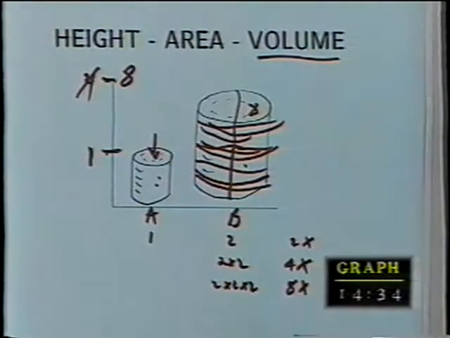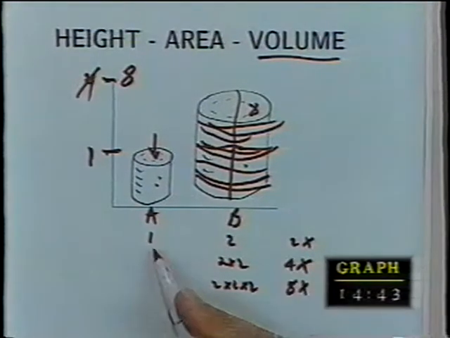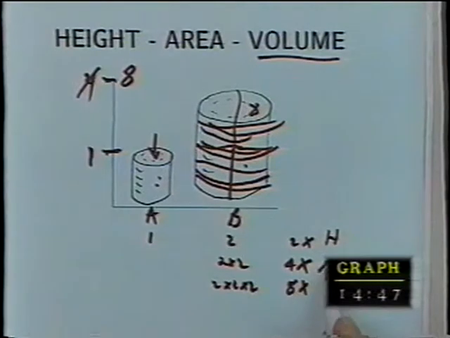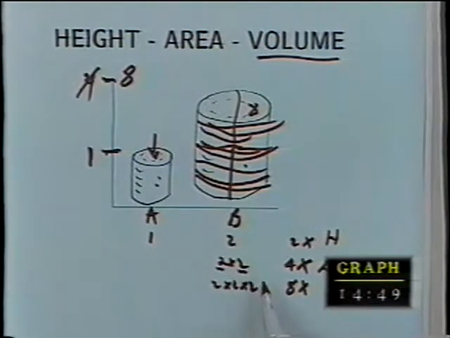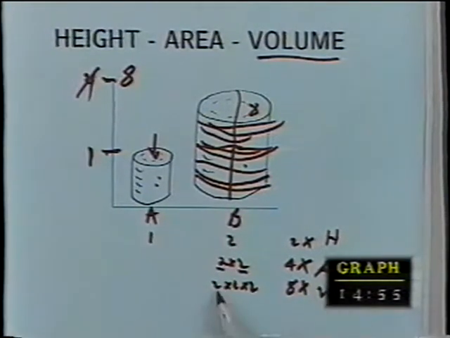Now it gets to be even more confusing when we have numbers like 3, or 4, or 5, and the trick is to take the dimension. If you're comparing heights, just take the dimension. If you're comparing areas, take the dimension times the dimension. That'll give you the area relationship. If you want volumes, then take the dimension, the dimension, the dimension, and that will give you the volume.